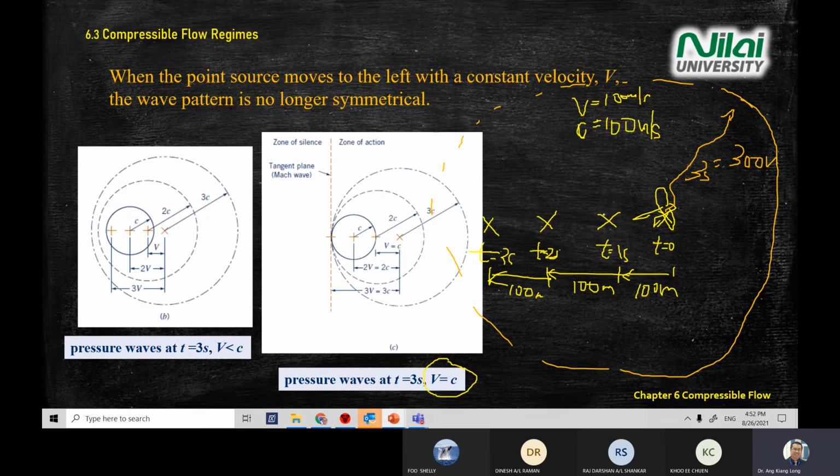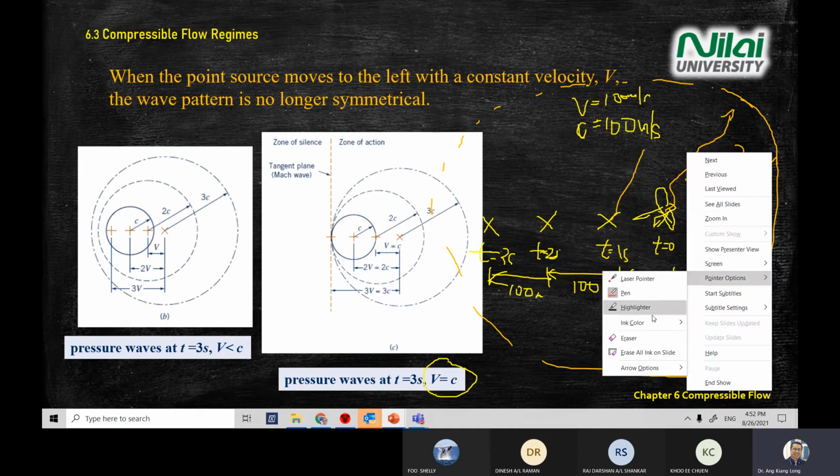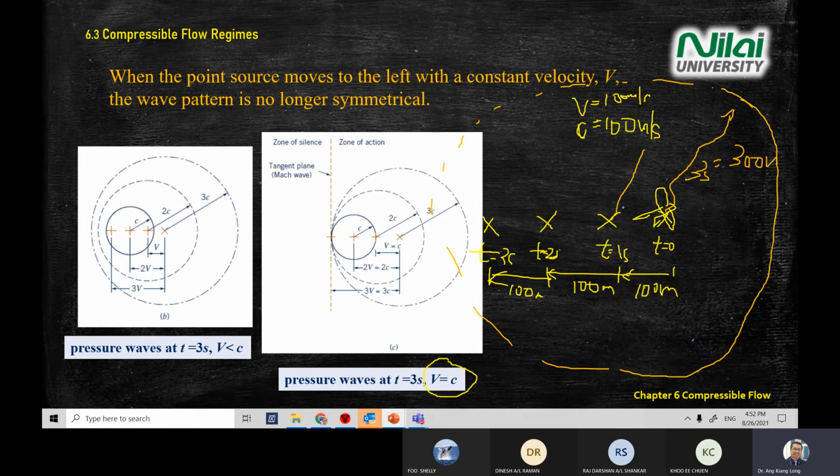Okay. Then after 2 seconds, if you draw another circle, let me change the color to blue. After another second, let's say 2 seconds, you're going to reach 200 meters.